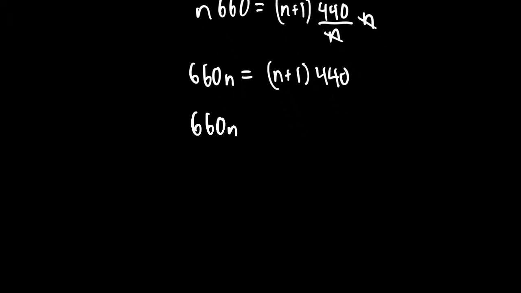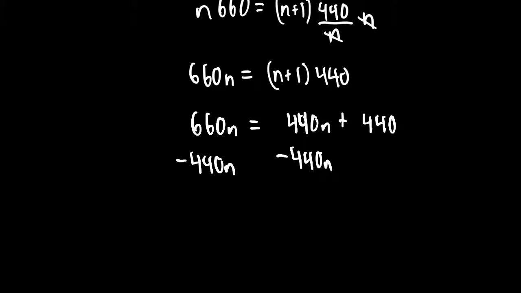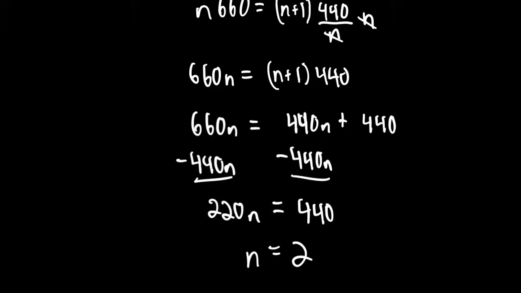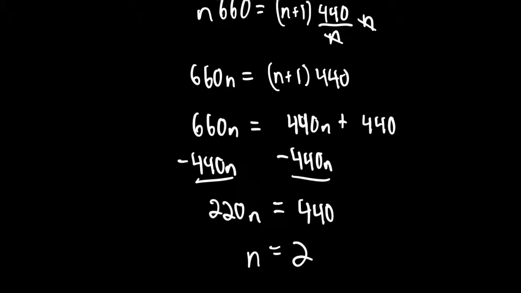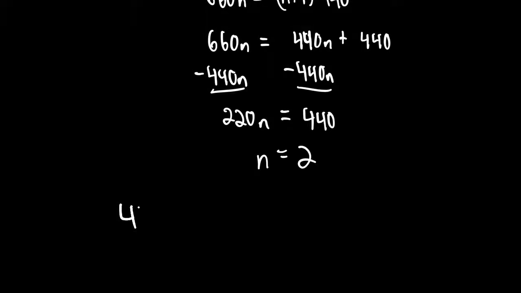Then I have 660n equals 440n plus 440. Subtract 440n from both sides. 220n equals 440. n equals 2.